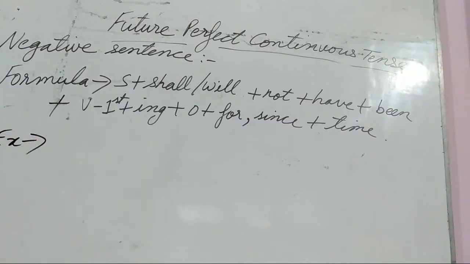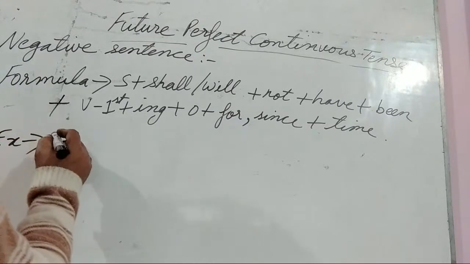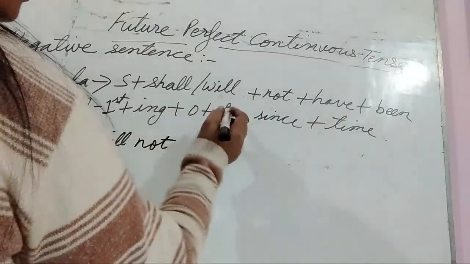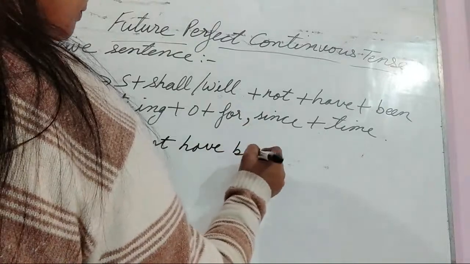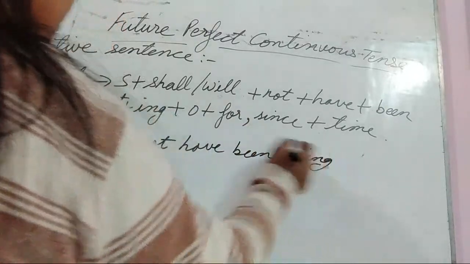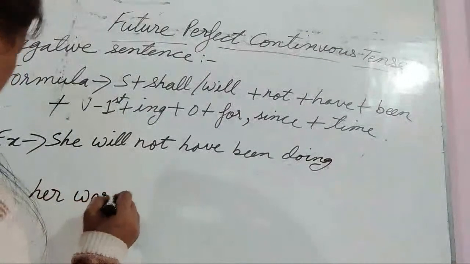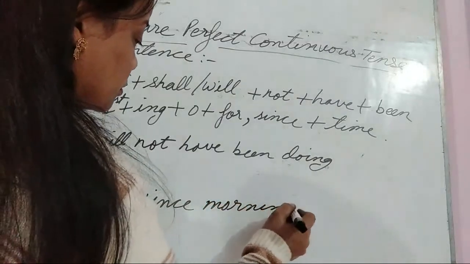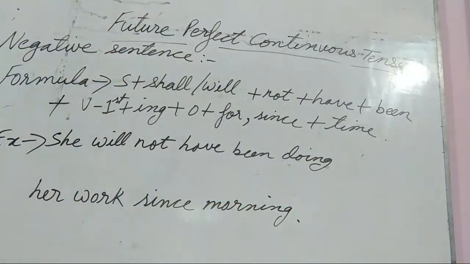The example related to it is, the negative sentence in future perfect continuous tense according to the formula is, she will not have been doing her work since morning.